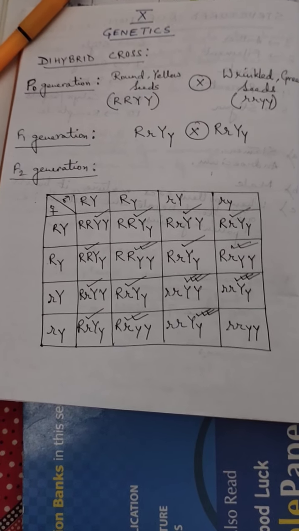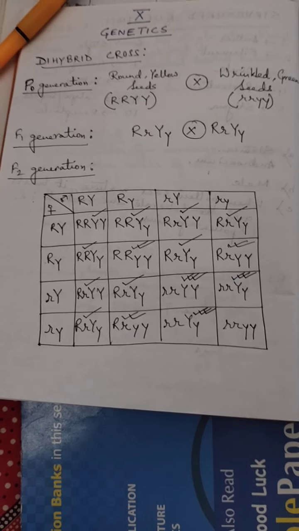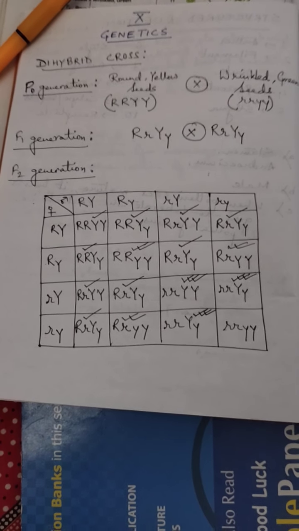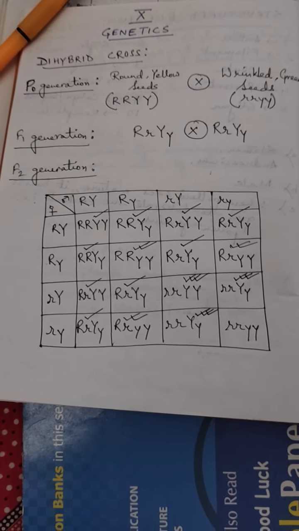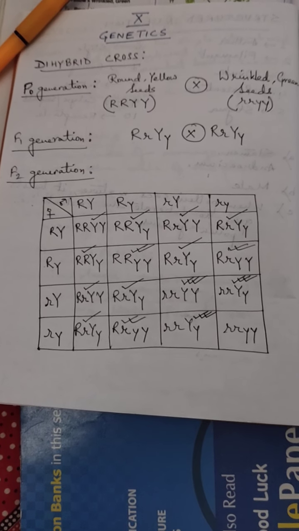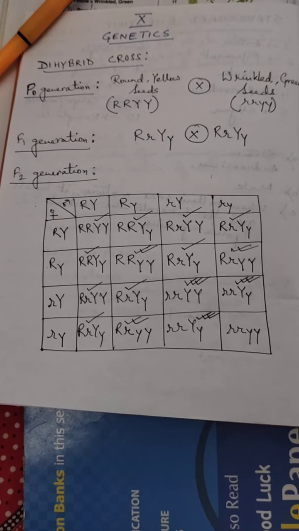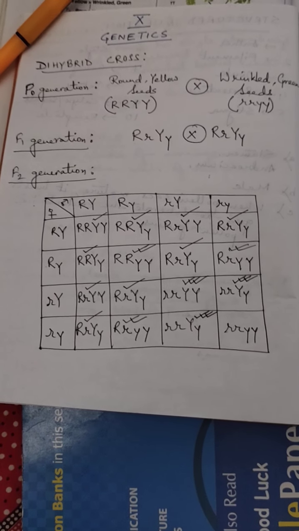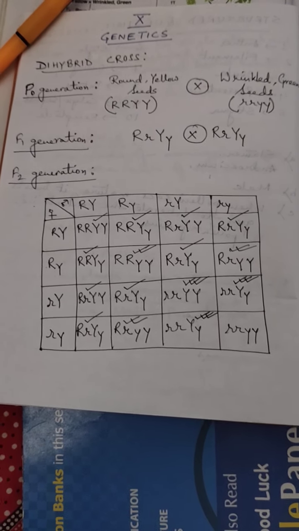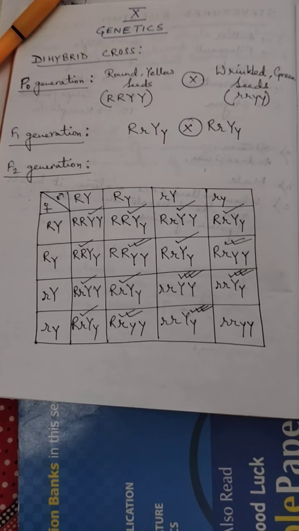Now the sequence which we have written in any one of the axis, the same sequence we will maintain on the other axis. It may be any one of the axis, and then again we will simply multiply them with one another and we'll get such combinations as I have shown here.